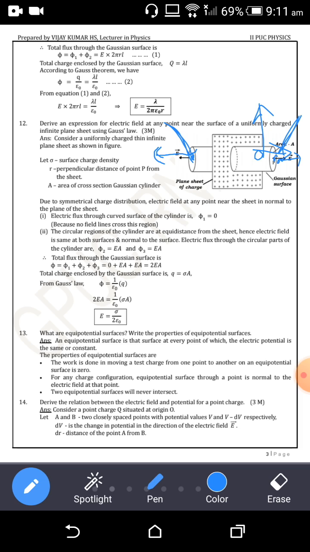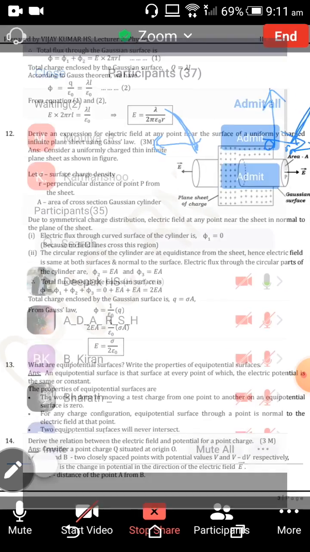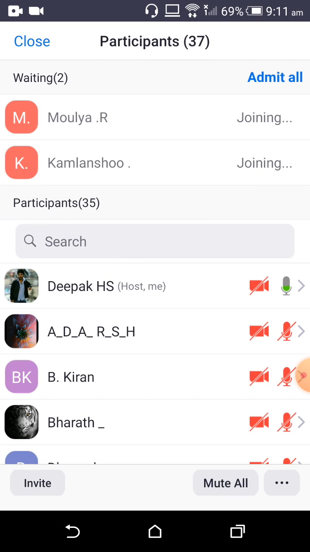In order to calculate the total electric flux through the Gaussian surface, the electric flux through both the ends contributes to the electric flux, whereas the curved surface doesn't contribute because the angle between the electric field and the area vector comes out to be 90 degrees. Cos 90 is 0, so we are going to neglect that.